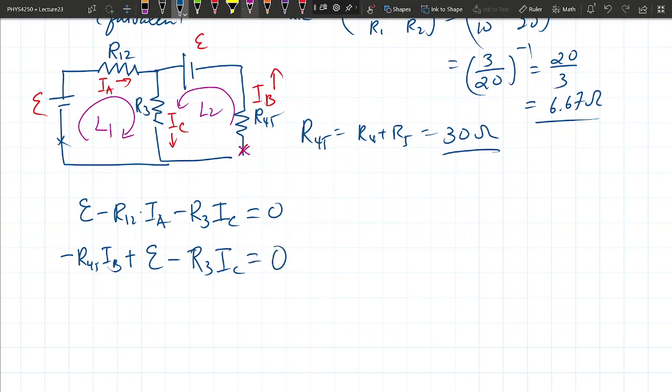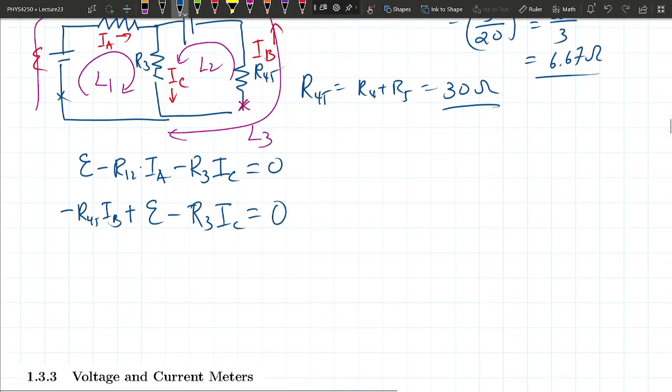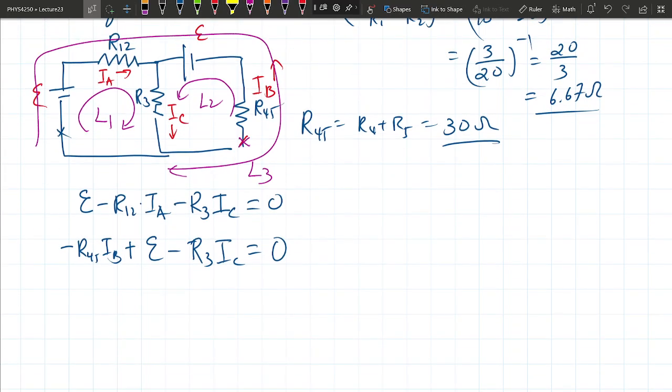At this point, there's technically also a third loop that goes all the way around like this. That could be L3. But we only need 3 equations. There is another equation that we can use right away without dealing with loops. Anyone remember what that is? Junction. Whatever is going into this junction has to be equal to the amount coming out.